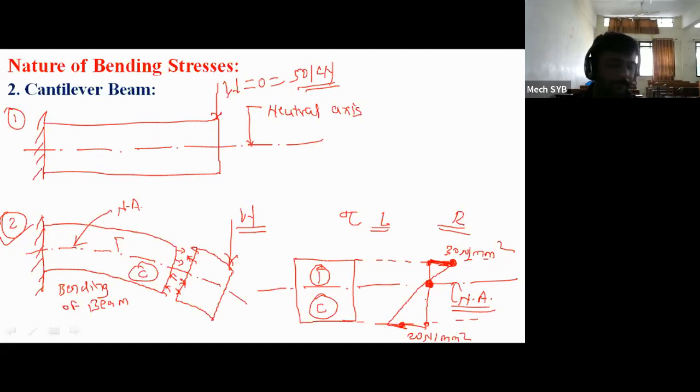Okay, below that write down, while drawing the stress distribution diagram for simply supported and cantilever beam, sigma t is always at right side of the vertical line.